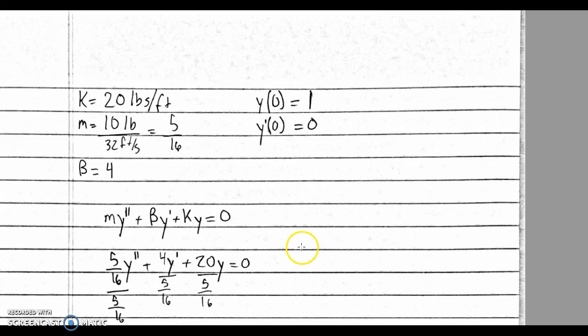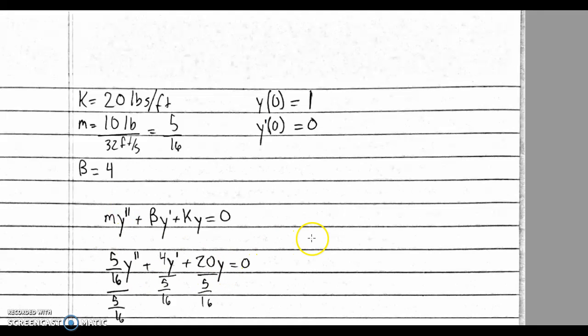Next, setting up our differential equation, we have the generic form of the differential equation given right here. My double prime plus beta y prime plus ky is equal to 0. And we can just substitute our values into the equation.